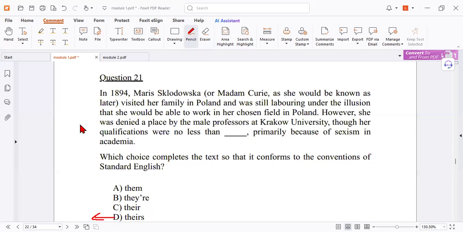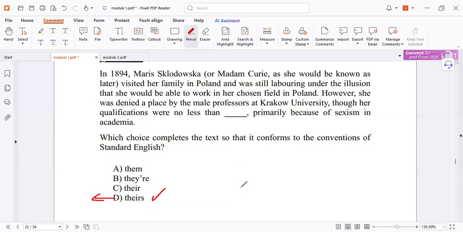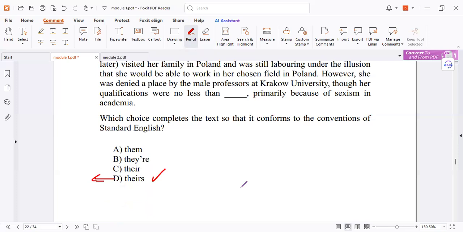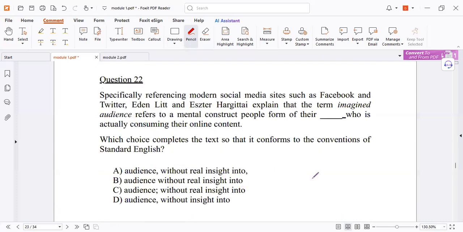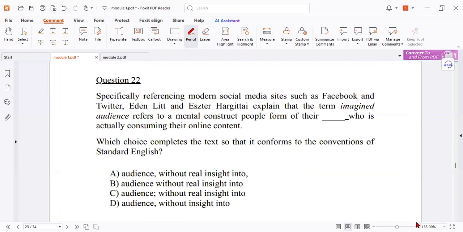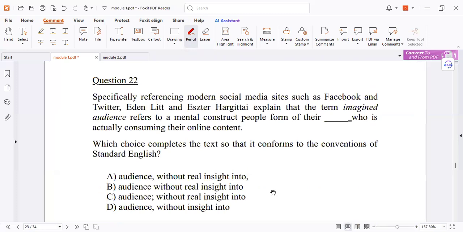For 22, I chose C. 21, D correct for you. 21, it's D, right? Yeah, I said D, sir. I thought you heard me. Great. And for 22, it's letter C.